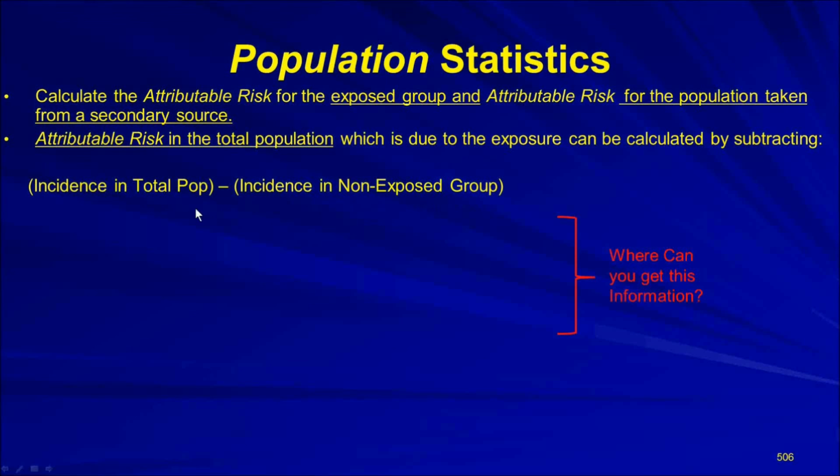Okay, now notice the word population, because we're going to be using values here from the population to calculate incidence rate, and we're going to use group data for the comparison group.